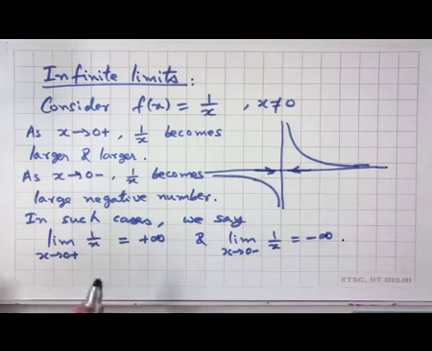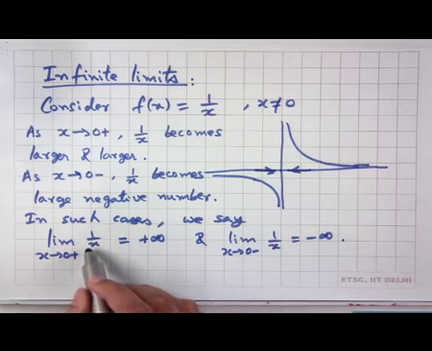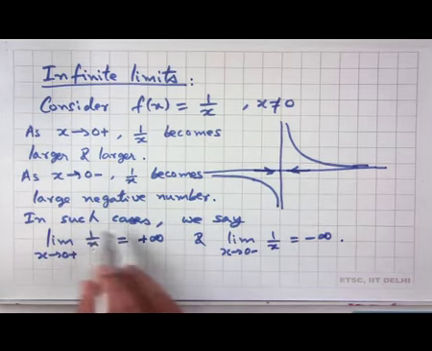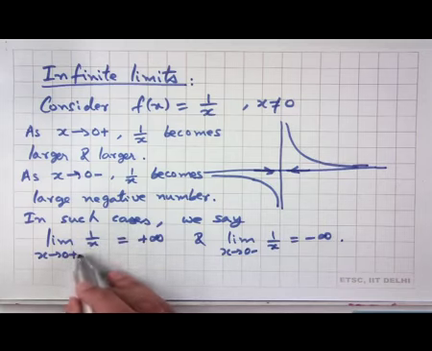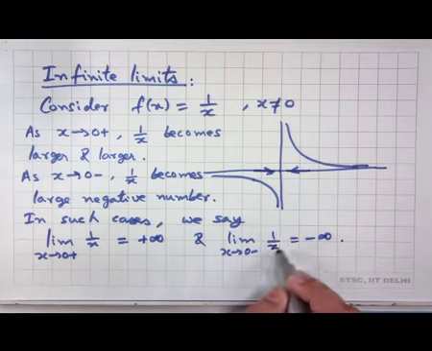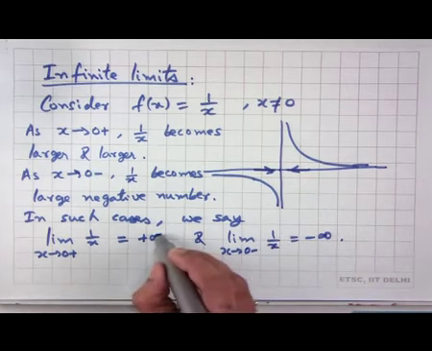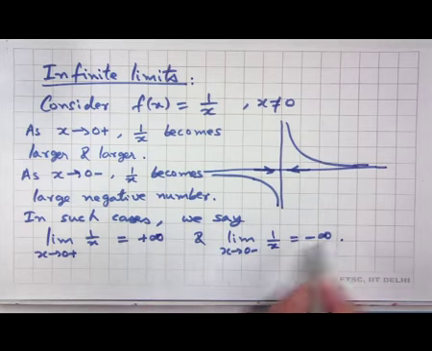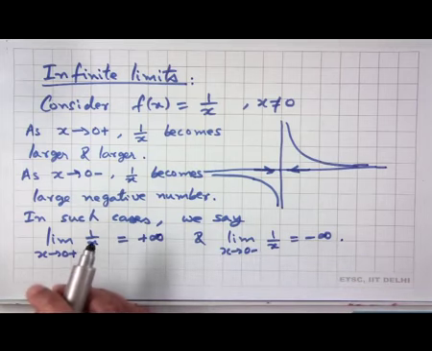This simply means that if x is a small positive number, then 1 by x becomes a large positive number, and if x is a small negative number, then 1 by x becomes a large negative number. So we use these symbols, positive infinity and negative infinity, to just say that.